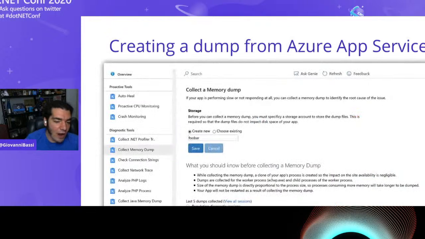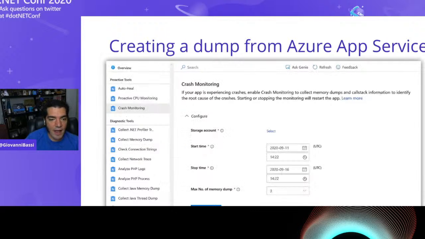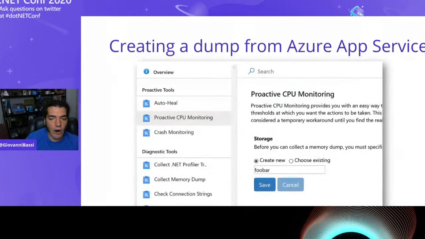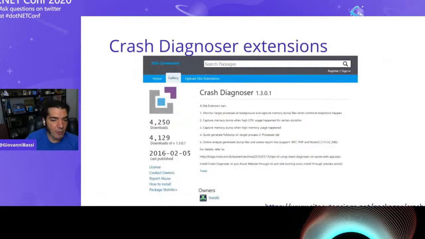And then you can collect a memory dump exactly on that point in time. And you can also monitor for crashes and transfer it to some storage account. Or you can proactively monitor the CPU and take the memory dump when some condition is reached. So it's super simple to use Azure App Service to take memory dumps.